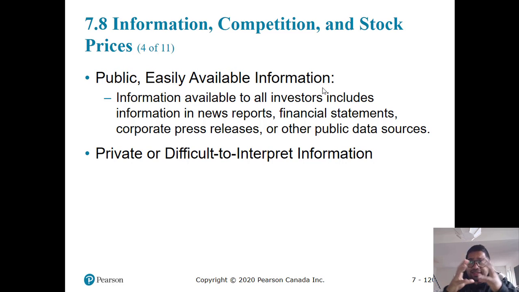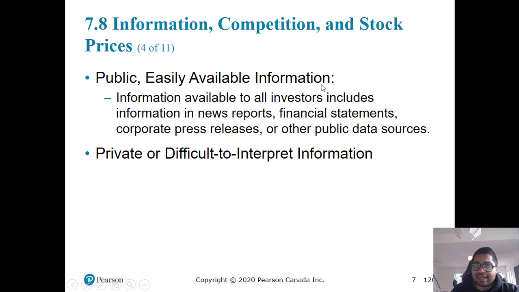If a market is weak form efficient, then past information is reflected. If the market is semi-strong efficient, then past information as well as all public information is reflected. If the market is strong form efficient, past information, public information, as well as insider information is also reflected.